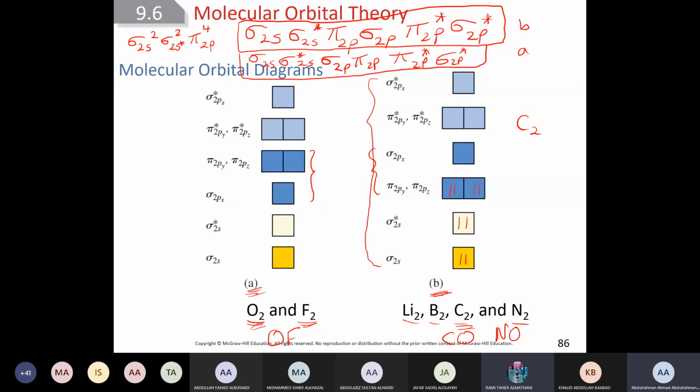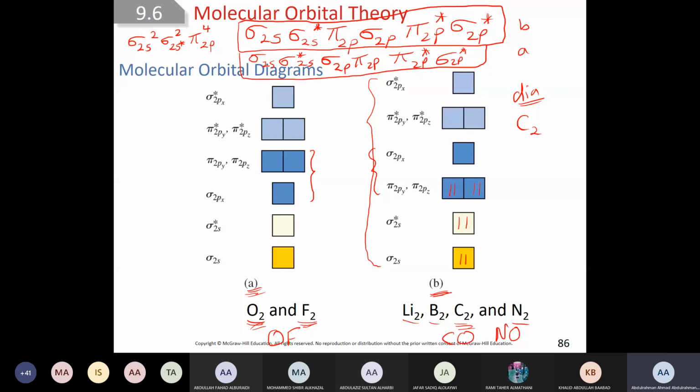There are 4 electrons here. My first question, is this diamagnetic or paramagnetic? Dia. Why dia? Every electron is paired. 4 electrons are paired.